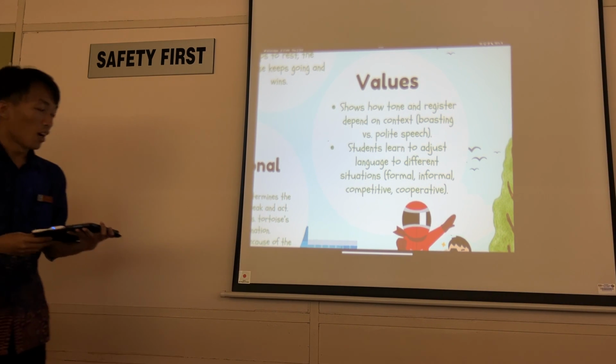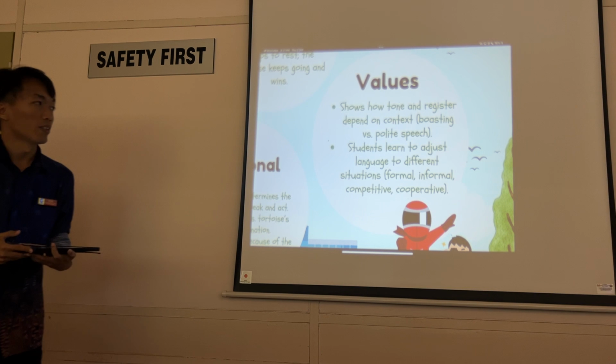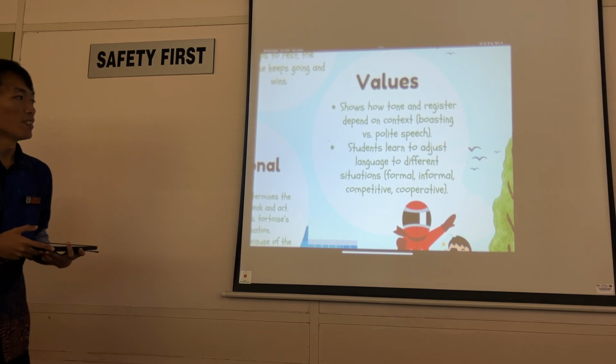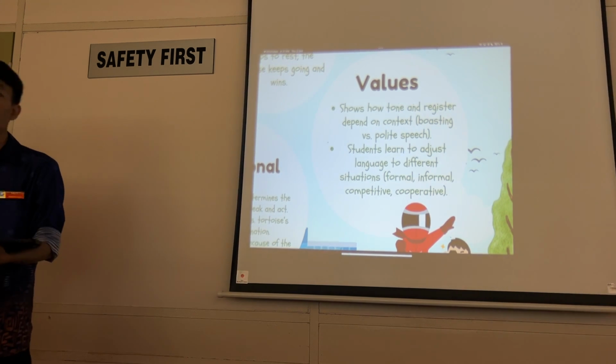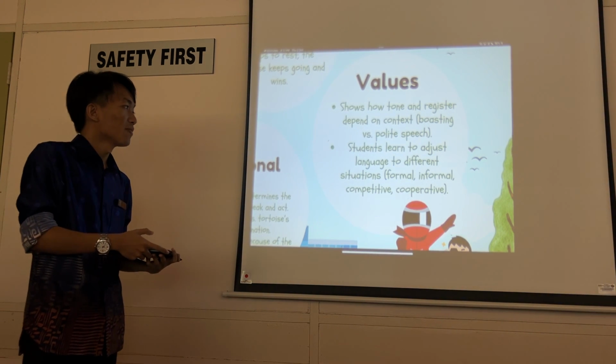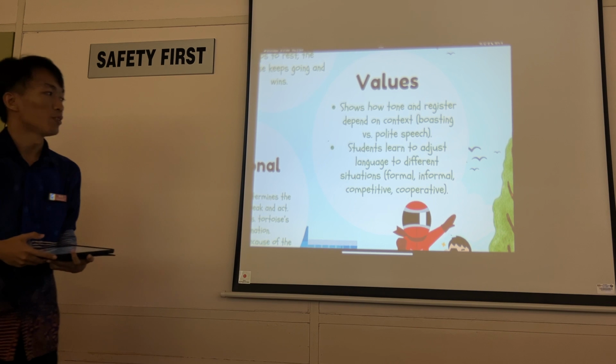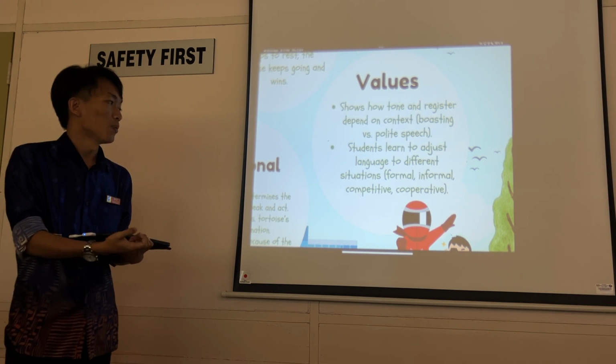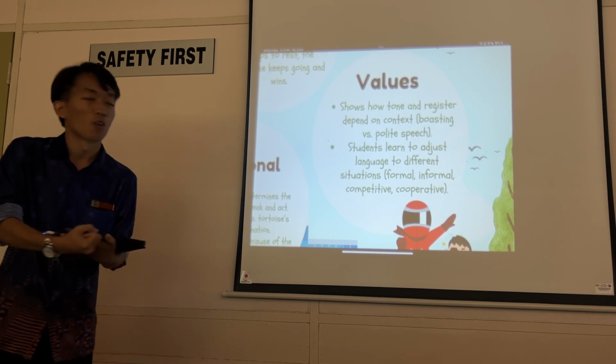It shows how tone and register depend on context, which in the story is boasting for the hare versus polite speech for the tortoise. And students learn to adjust language to different situations, which are formal, informal, competitive, and cooperative.